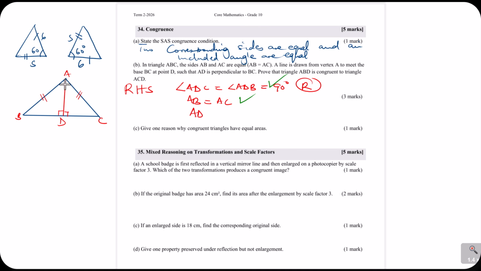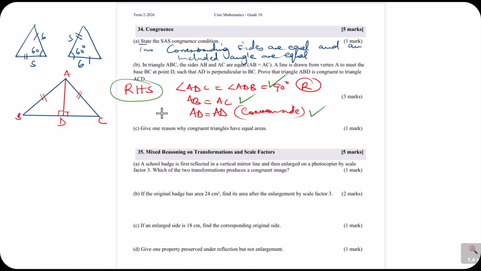So when you look at triangle ADB and ADC, they are sharing a common side. So AD is equal to AD in both. So those are the 3 ways you're supposed to have proven using this condition RHS: right angle, hypotenuse, and common side.